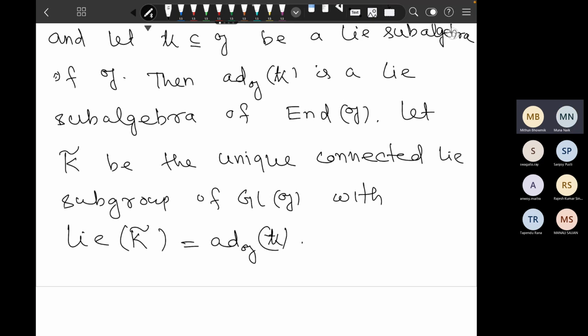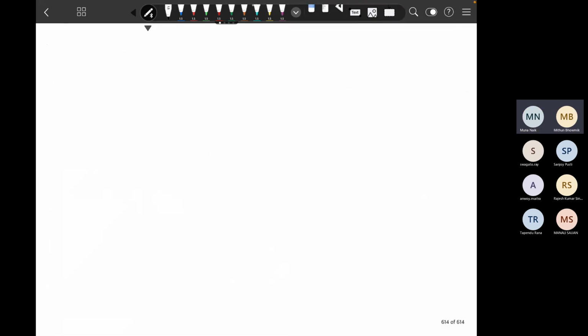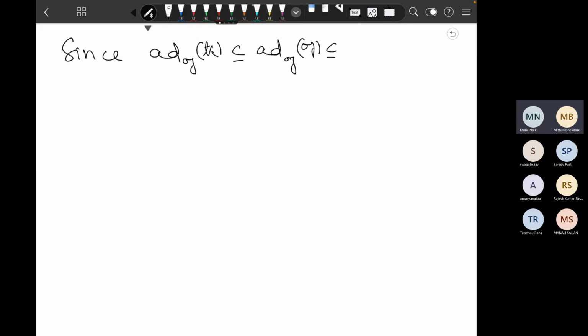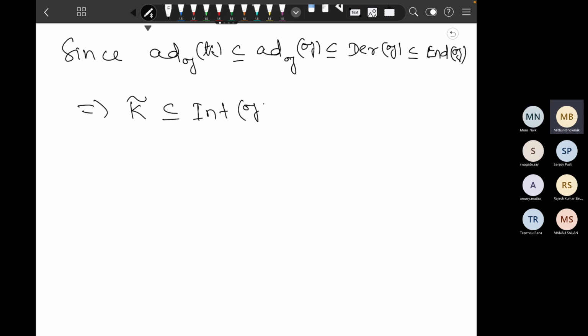Now, what is the situation? Since ad_G(K) is a subset of ad_G(G), which is a subset of the derivations of G, which is a subset of the endomorphisms of G, this implies K tilde is a subset of Int(G), which is a subset of Aut(G), which is a subset of GL(G).